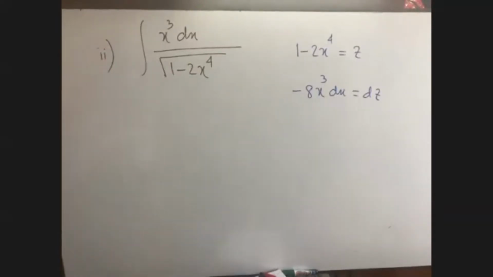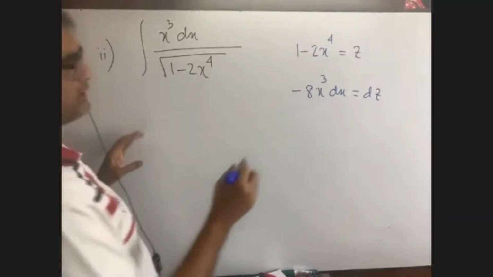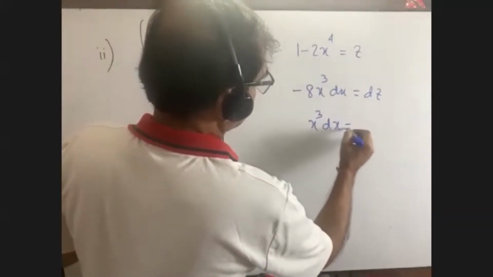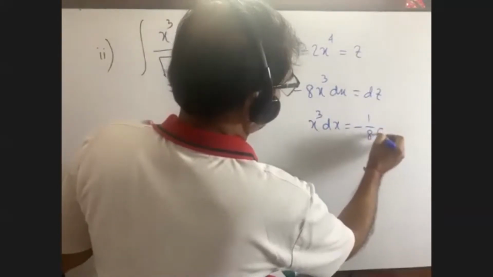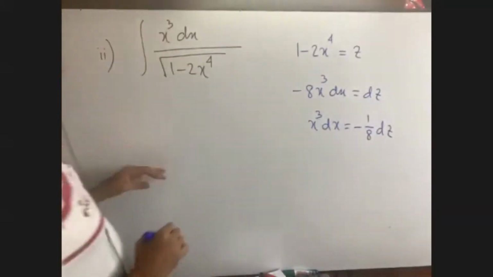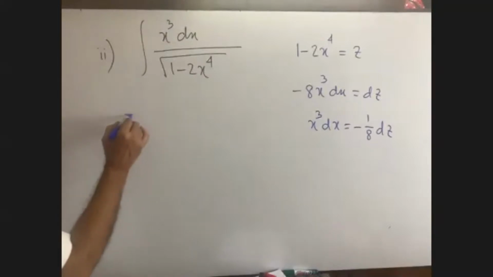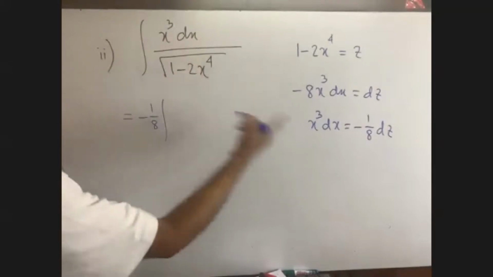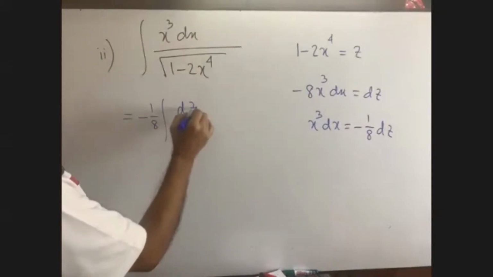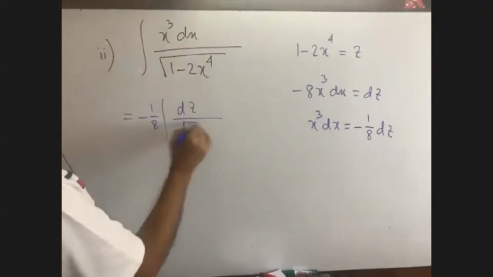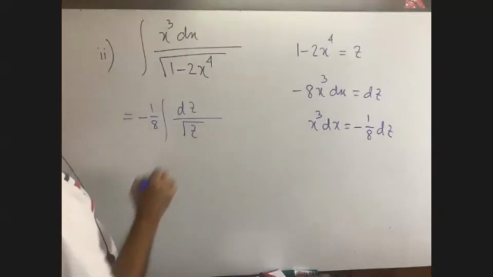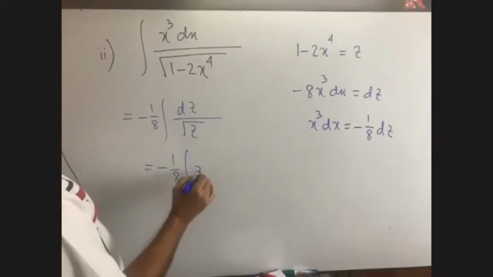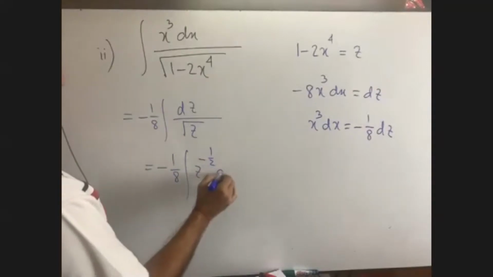Now what's in the numerator? Only x cube dx. So we can find x cube dx equals minus 1 by 8 dz. So you write down minus 1 by 8 times dz by root over z, that means minus 1 by 8 z to the power minus half dz.